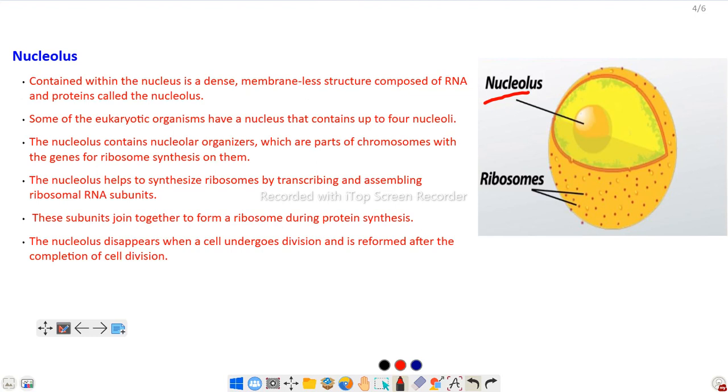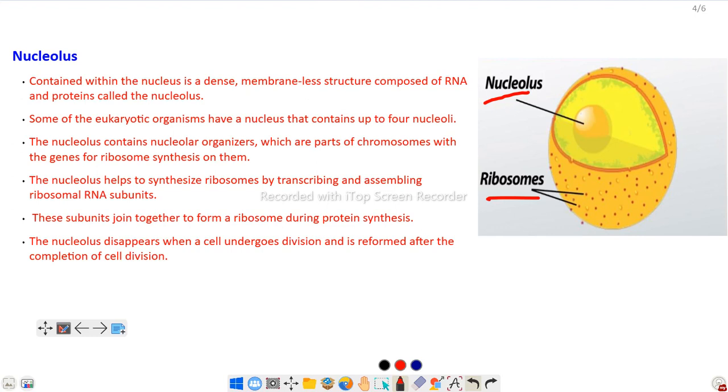Here is the wall of the nucleus where ribosome dots are present. These dots are the ribosomes and help in the synthesis of protein. The nucleolus helps to synthesize ribosomes by transcribing and assembling ribosomal RNA subunits.